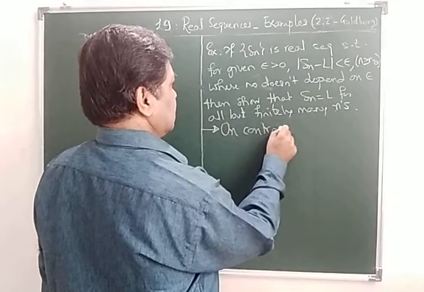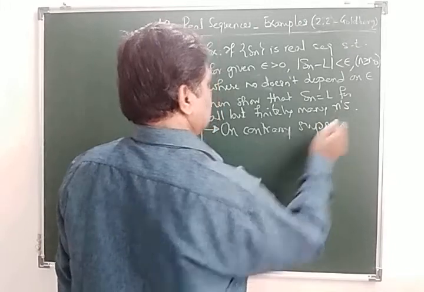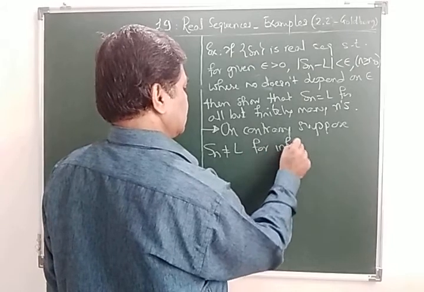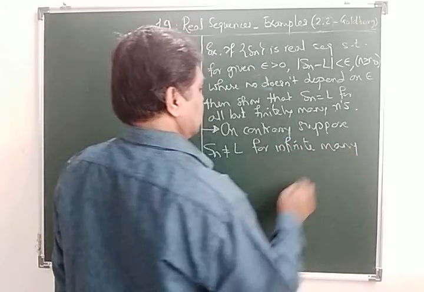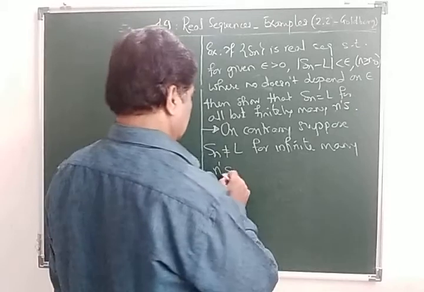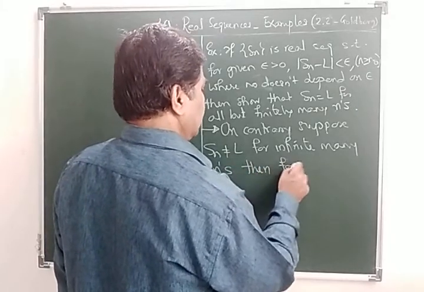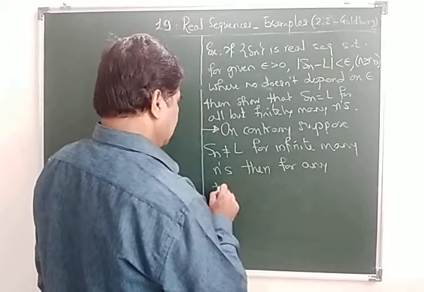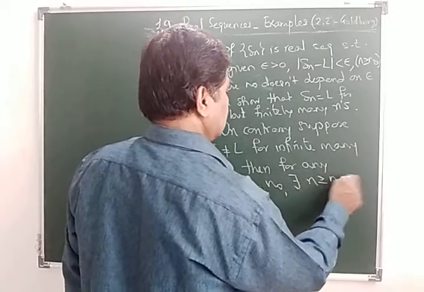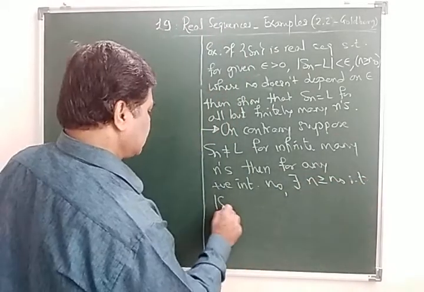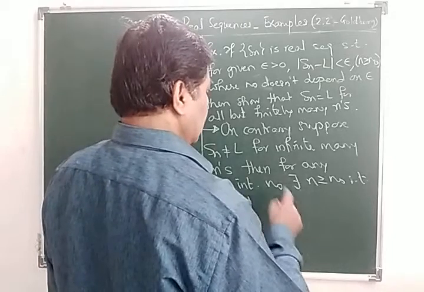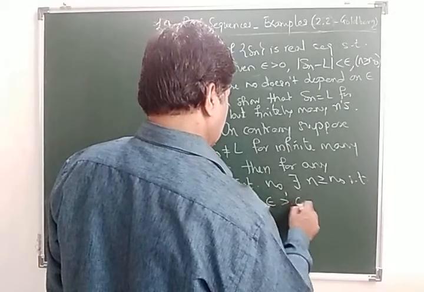Then for any positive integer n naught, there exists n greater equal n naught such that mod of Sn minus L is equal to some epsilon n greater than 0.